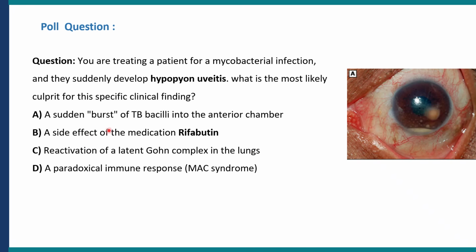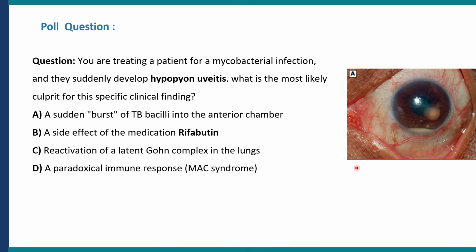Is it a sudden burst of the tuberculous bacilli into the anterior chamber, or a side effect of the medication like rifabutin, or reactivation of latent Ghon complex in the lung, or a paradoxical immune response, which is the MAC syndrome, which stands for Mycobacterium avium complex, due to infection by Mycobacterium avium and intracellulare, which are atypical mycobacteria?